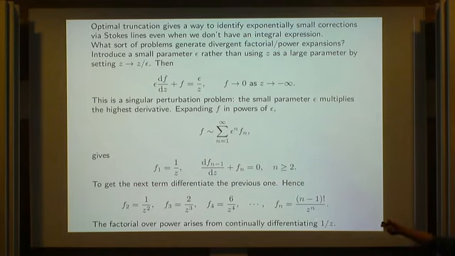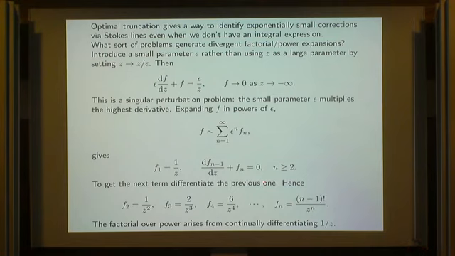And so that means if I expand in powers of epsilon, I read off what the first coefficient is, and then to get the next coefficient, I have to differentiate the previous one. And that's going to be true whenever you have a singular perturbation problem, because the highest derivative is always going to appear as an inhomogeneous term in these equations.